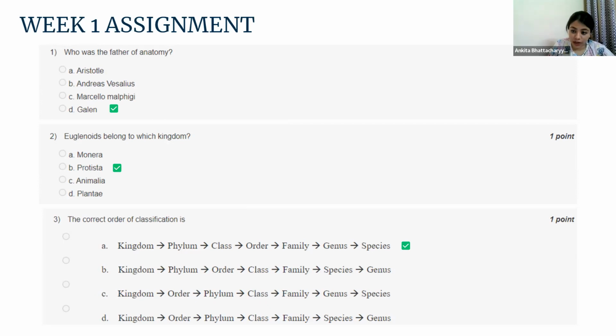The subclassifications after kingdom are phylum, or division, which is often used for plants, but majorly it's just referred to as phylum. So kingdom, phylum, class, order, family, genus, and species.